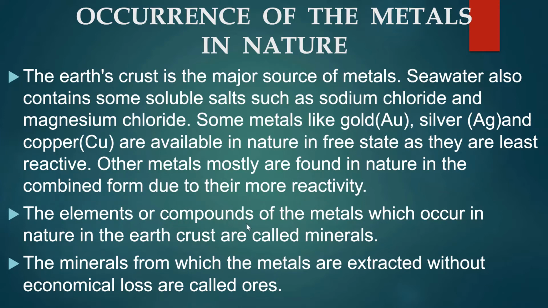The elements or compounds of the metals which occur in nature in the Earth's crust are called minerals, and the minerals from which the metals are extracted without economical loss are called ores. I hope you all got the difference, children.